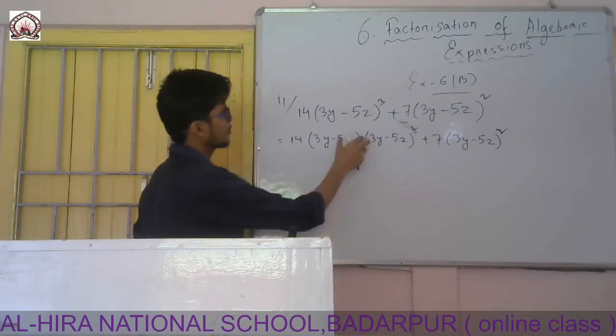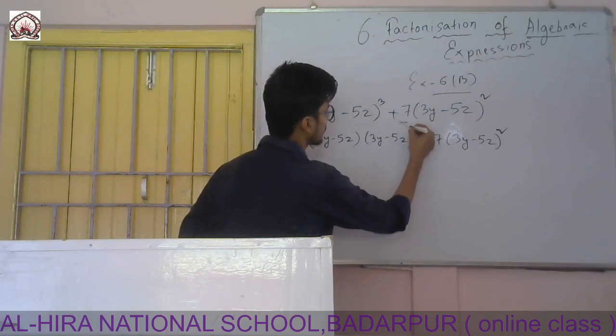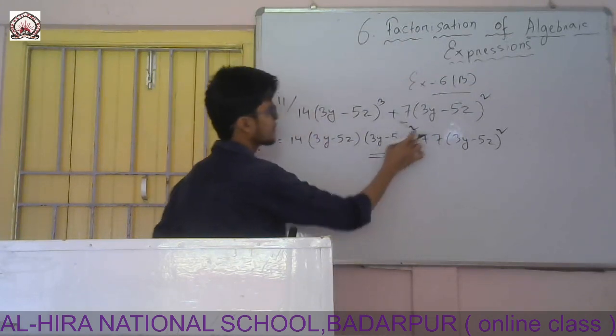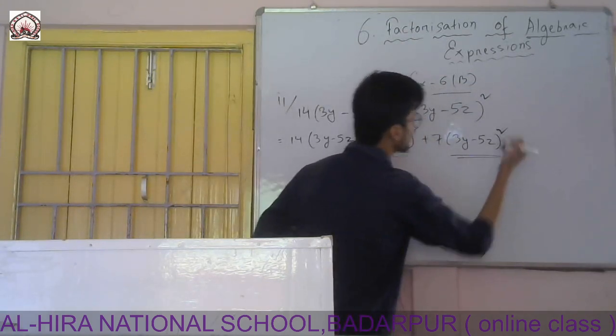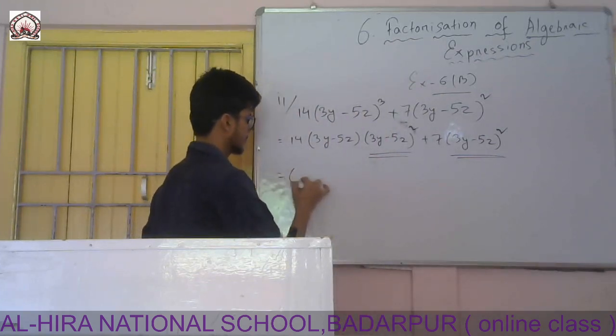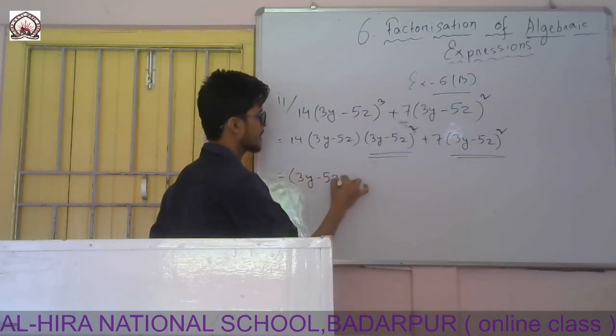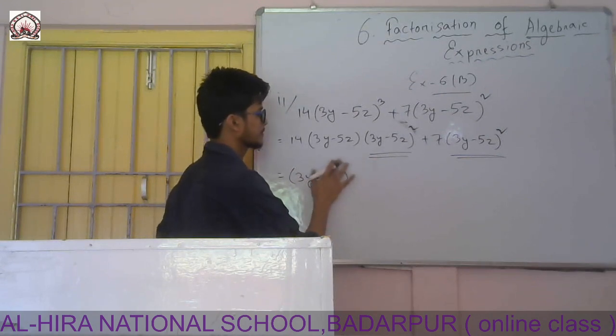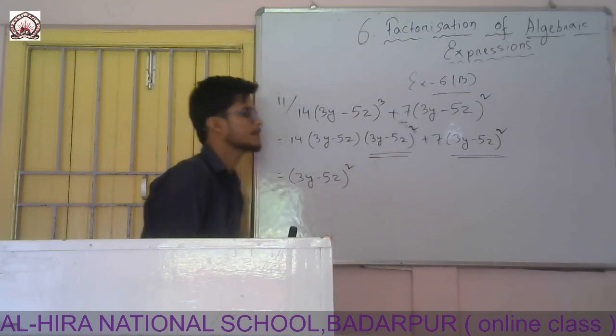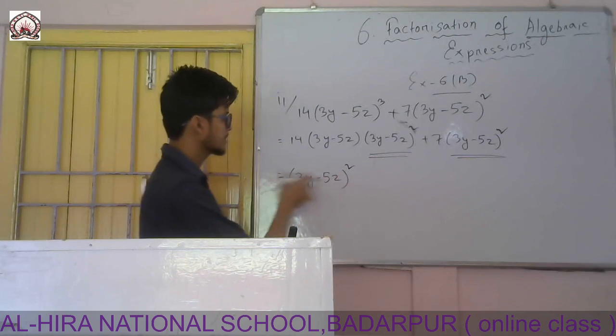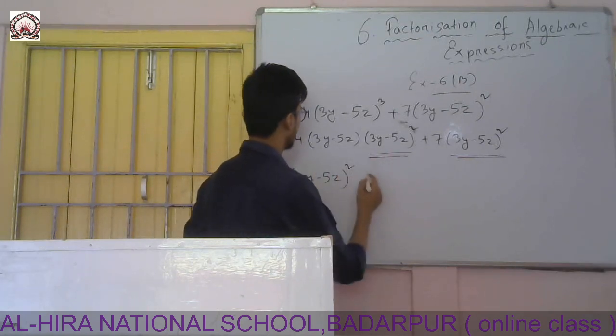First of all I broke this one so that I can take out the common term. This part is common, (3y minus 5z) square. So I will take it out, (3y minus 5z) square. This is common in both parts.